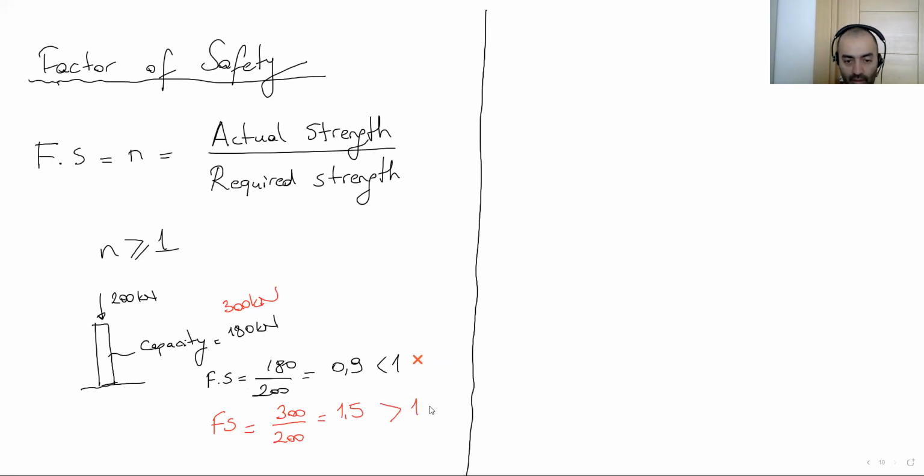Yes, it works for us. Okay, actual strength over required strength gives us factor of safety.